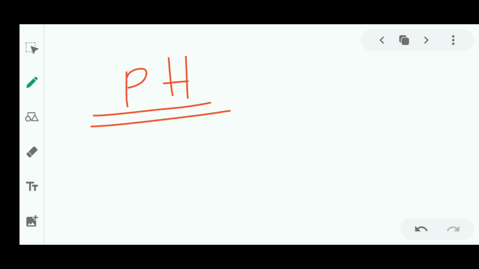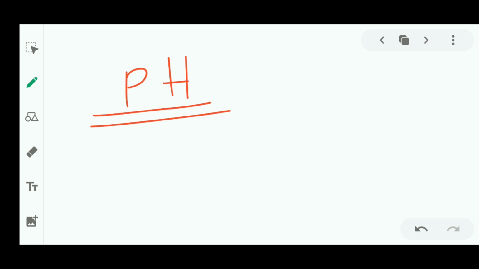Suppose you are a farmer and you need to cultivate something in your field, but at first you need to identify whether the soil is acidic or basic, because due to heavy acidity or heavy basic nature, the crops will not grow well.